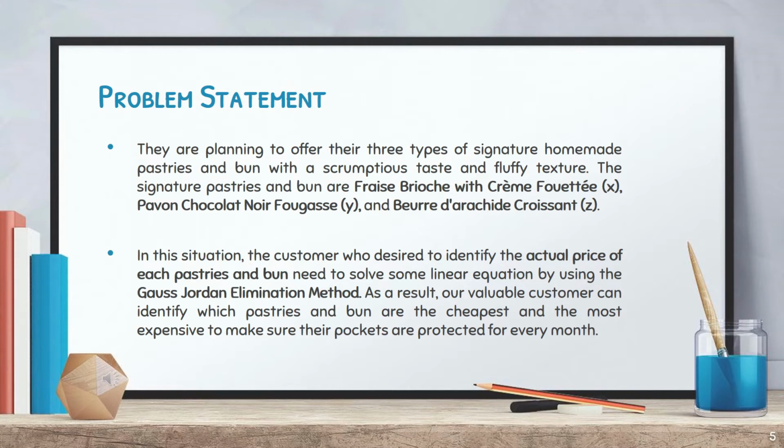In this situation, the customer who wants to know the actual price of the pastries and buns needs to solve some linear equations by using the Gauss-Jordan elimination method. As a result, the customer can identify which pastries and buns are the cheapest and the most expensive from the bakery during the grand opening sales.